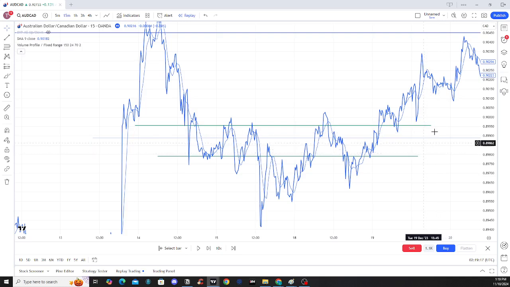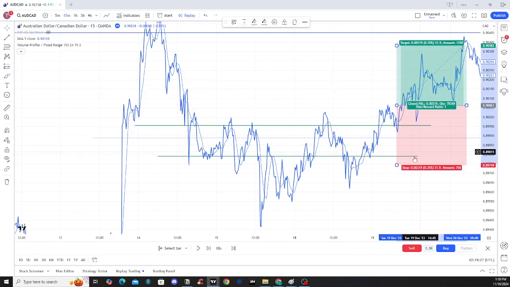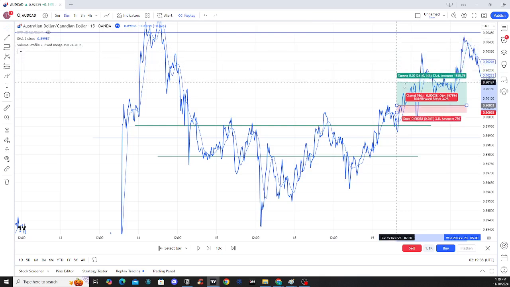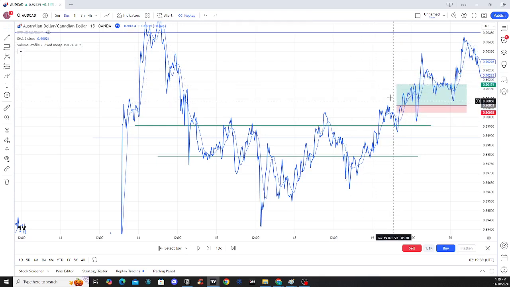Now, what I find interesting here is that I've got my usual strategy that would tell me to take this entry and this exit.